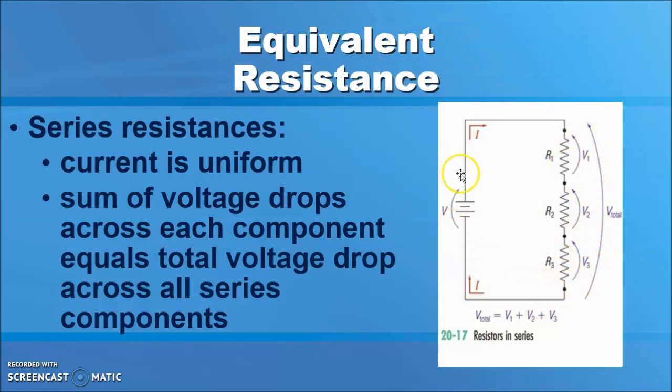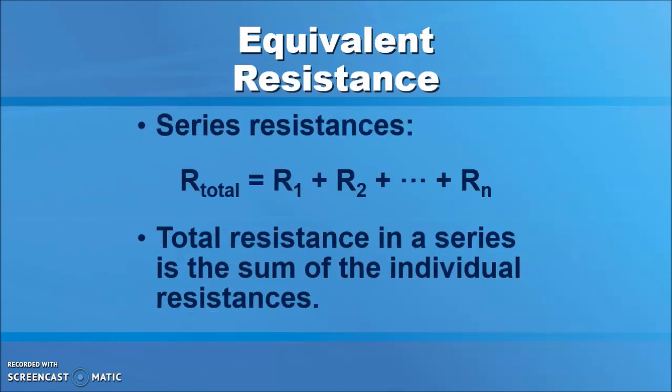And then it gains it back as it goes through the battery. Okay, now when we have voltage, you just add them together. When you have resistances in series, you just add them together too. The total resistance in series is the sum of the individual resistances.